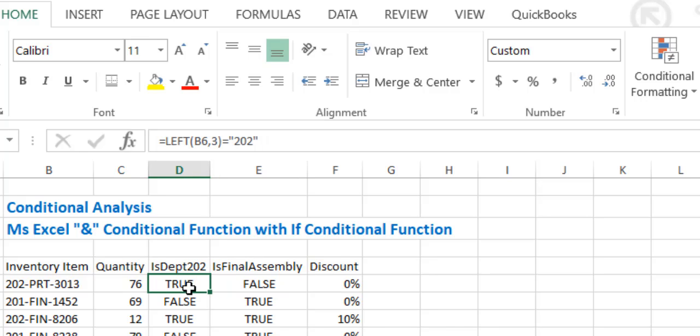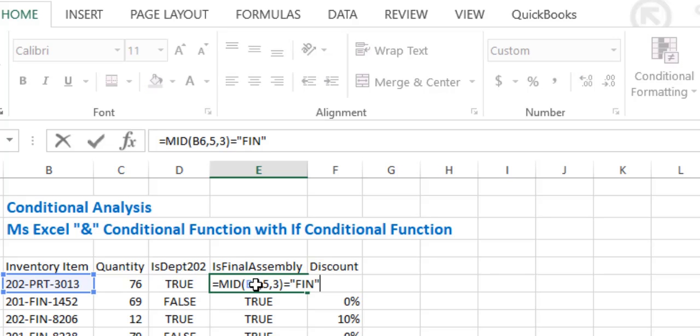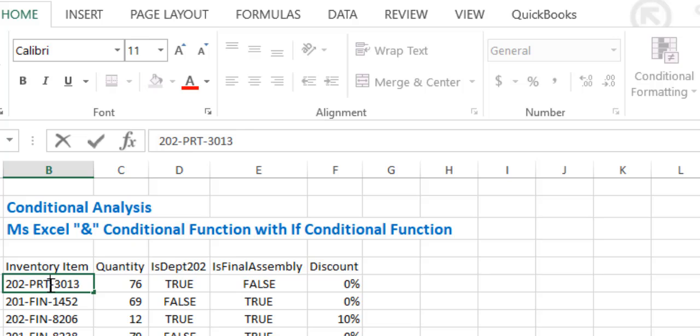Now the next column is final inventory. Here we separate the first condition, and in this cell we are going to separate the second condition. We use the MID function, and with the help of the MID function we want to find out, beginning from the fifth character, whether the 3 characters after this are fin or not. So how do we do this?